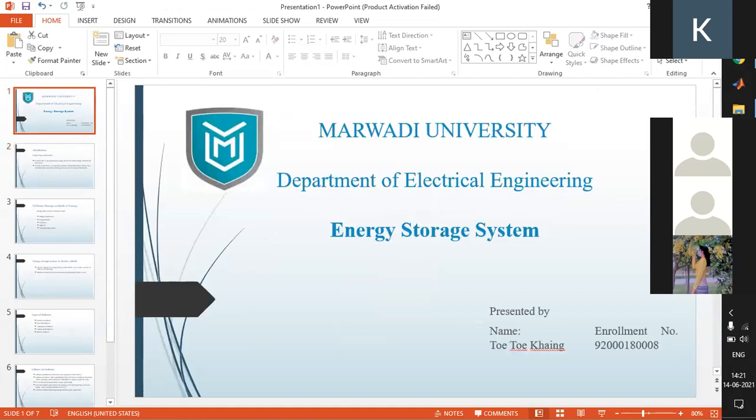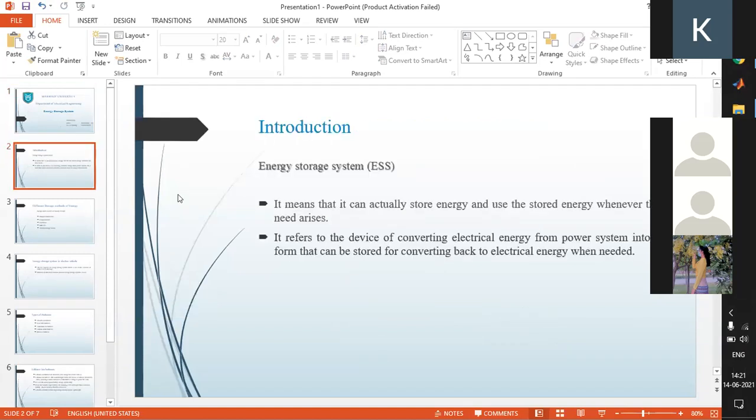Hello, good afternoon, everyone. My topic today is energy storage system. An energy storage system stores energy and supplies it when the need arises. It refers to a device that converts electrical energy from the power system into a form that can be stored and converted back to electrical energy when needed.